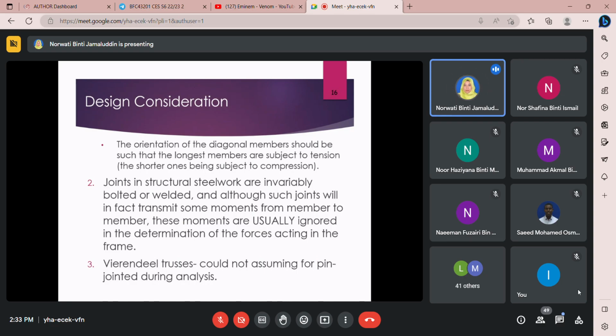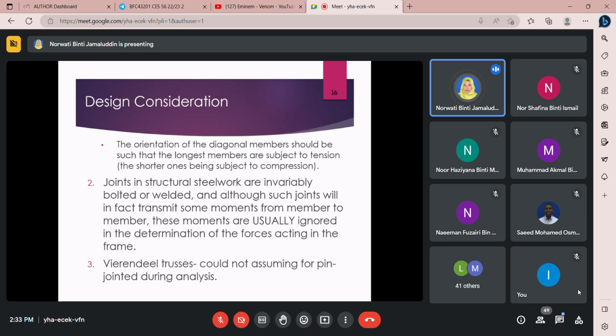Joints in structural steel are invariably bolted or welded. You can use bolt or weld. Bear in mind, weld connection is much more expensive, especially if you have to have on-site weld, dekat site you nak weld.